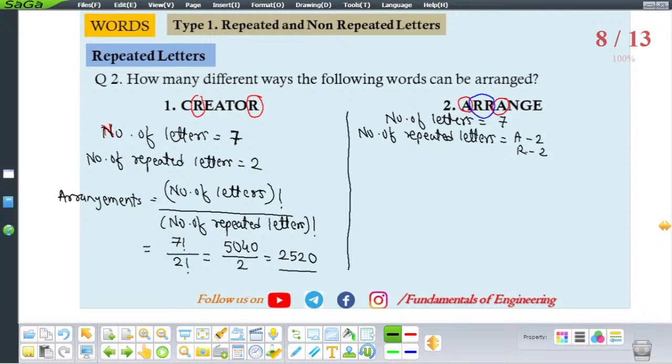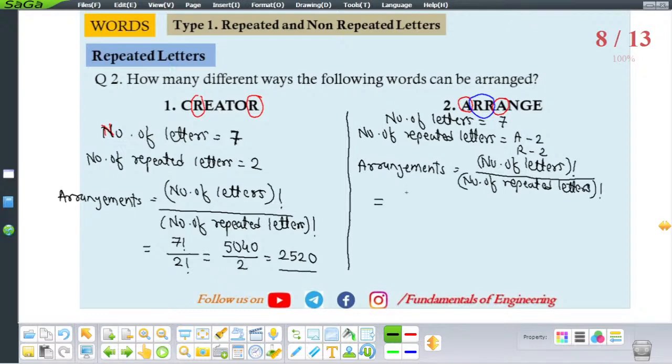So the possible arrangements, what are we getting? The number of letters, that factorial, we have to take divided by the number of repeated letters factorial. So now here are the important things to remember.